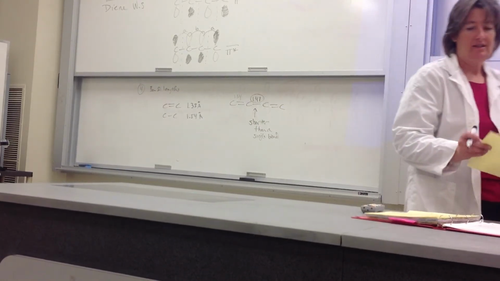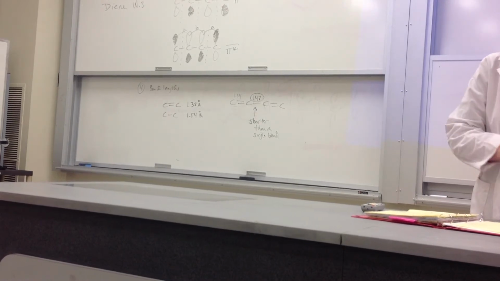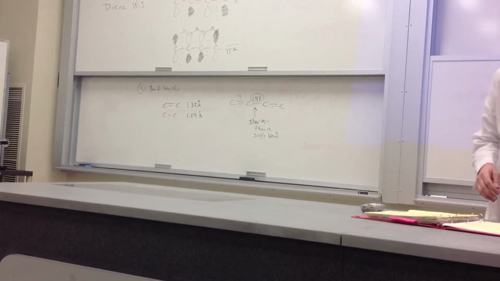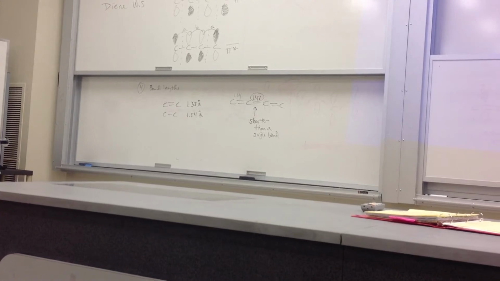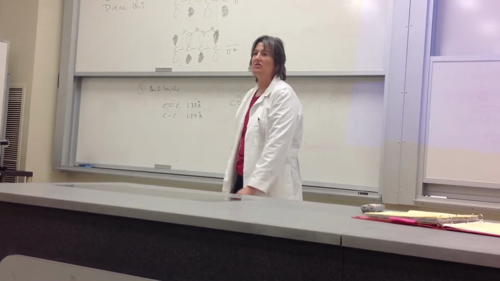All right. The fact that you do have conjugation really can change how these guys react. Their reactions, when you do addition reactions, are a little bit weird compared to an alkene.